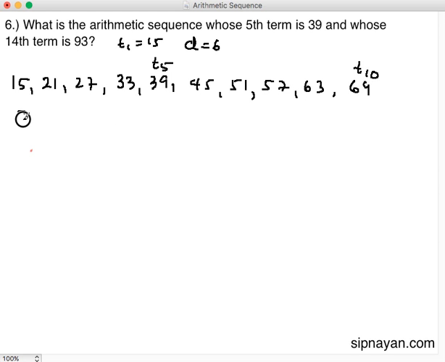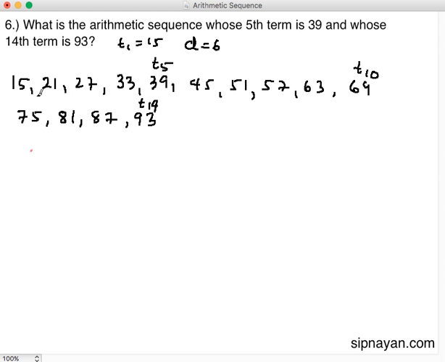Plus 6 is 75, plus 6 is 81. I hope we're correct. Plus 6 is 87, and plus 6 is 93. So this is t sub 14, which is, yeah, na-confirm natin siya.